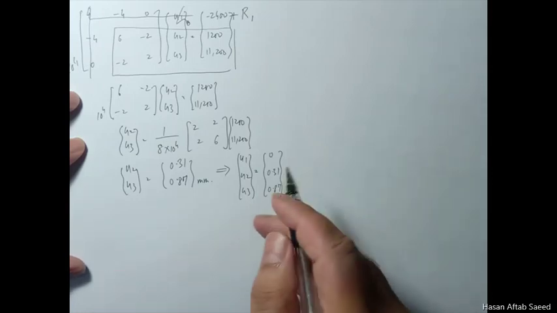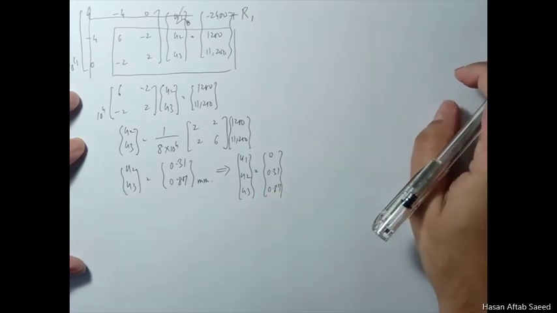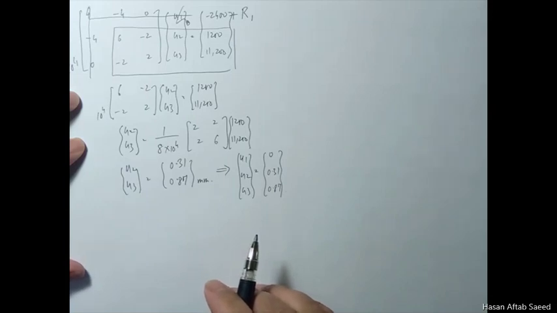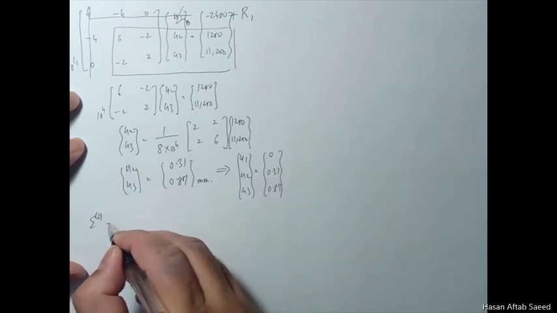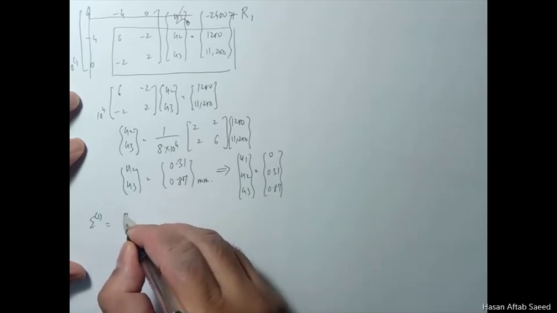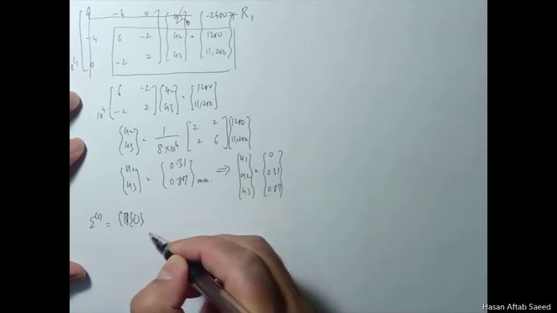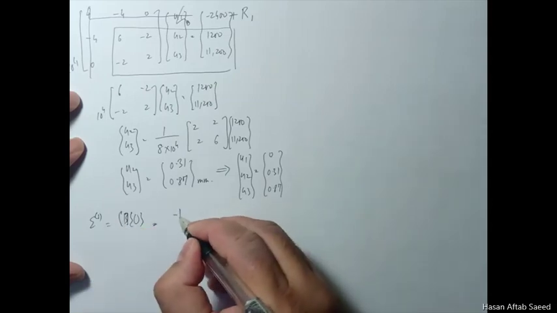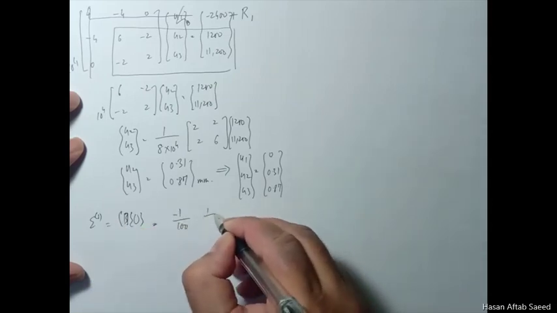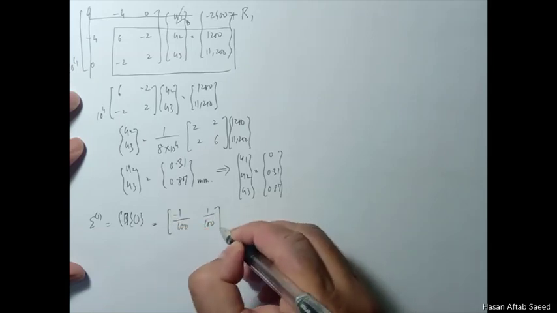The FEM part is over here, so now we have to calculate the strains. The strains are nothing but B u, recall, and B is minus 1 over L, 1 over L, where L is the length.